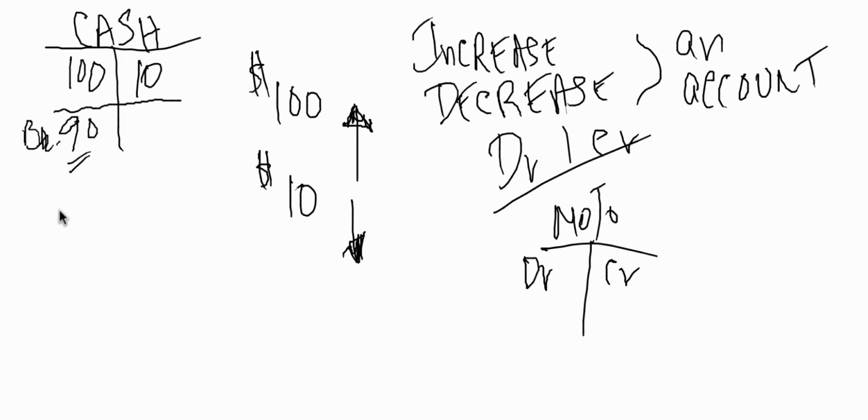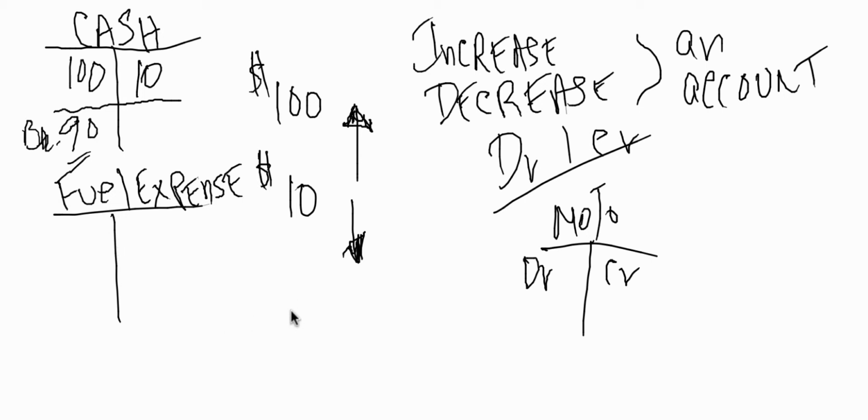Now let's take a look at another increase and decrease before we get into some rules here. So instead of a cash account, let's look at a fuel account. I know I haven't talked about this, but I will. This is really a fuel expense account, okay?